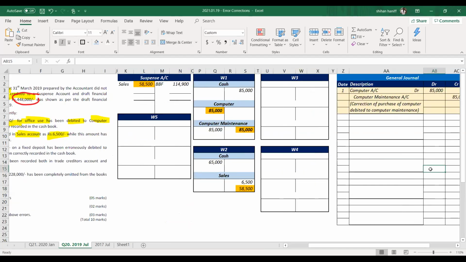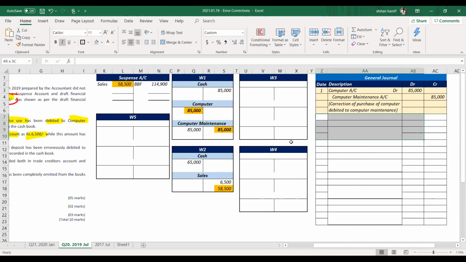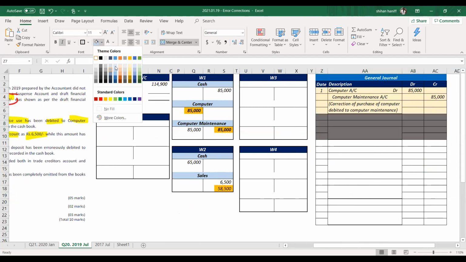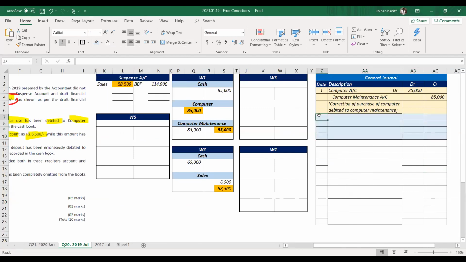So number 2, suspense account debit 58,500, sales account credit 58,500.